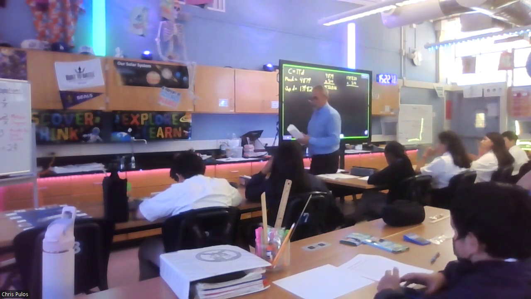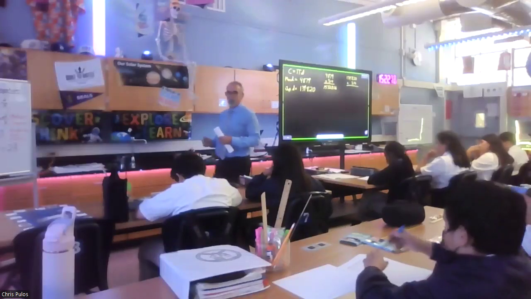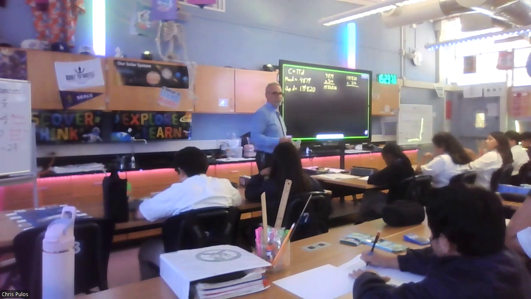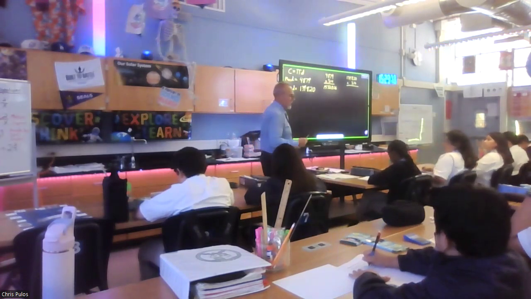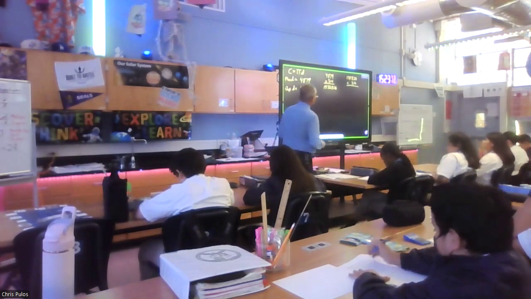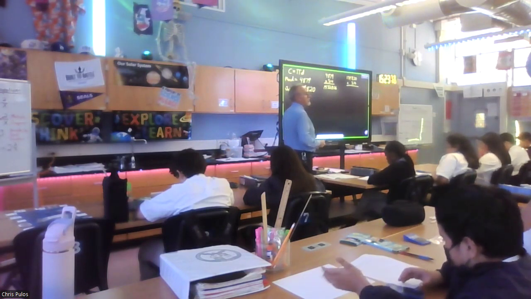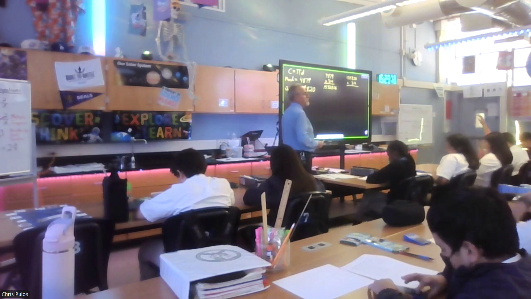So 15,000 kilometers. The Earth was what? 20-some kilometers? 40,000 kilometers. Okay. So that's still a pretty sizable walk. But how about Jupiter? Who wants to give me the answer for Jupiter?